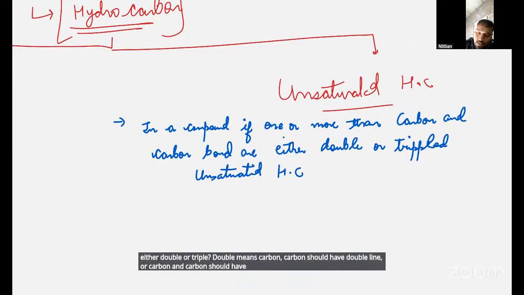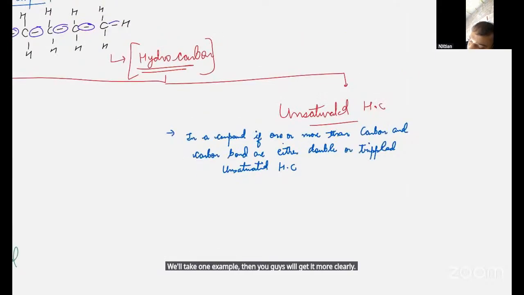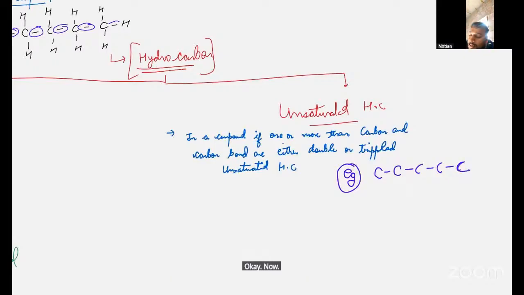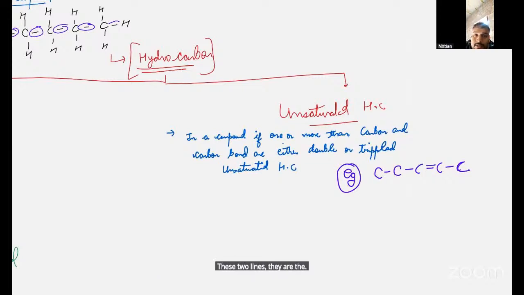For example, we'll take one example, then you guys will get it more clearly. Say C, C, C, C, C. Now in this we can see that there is only a single bond. If I make these two lines, are they saturated or unsaturated? Unsaturated hydrocarbon.